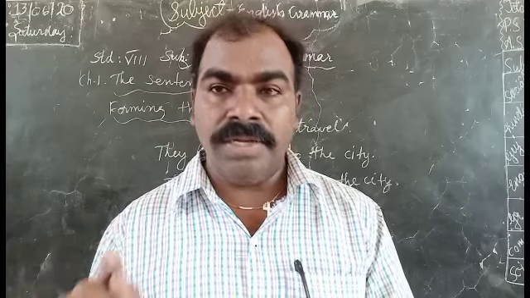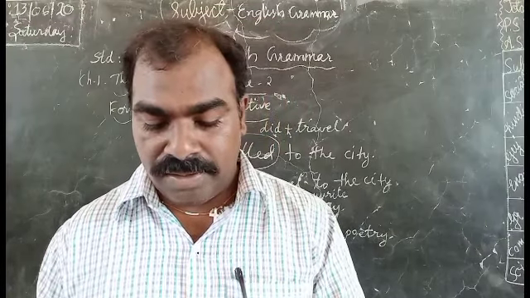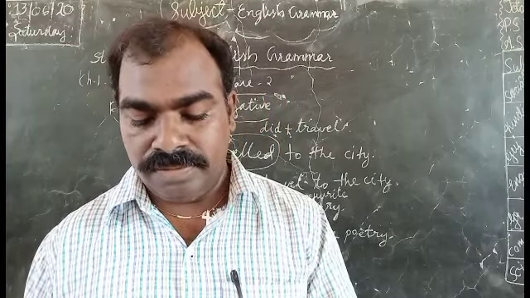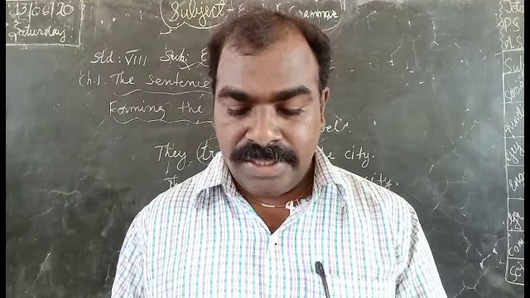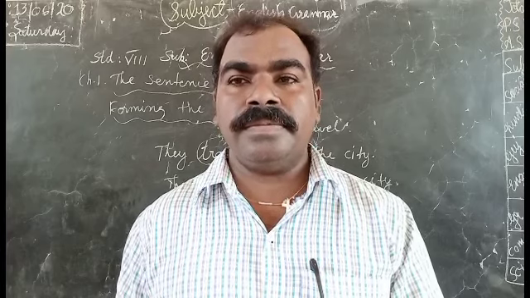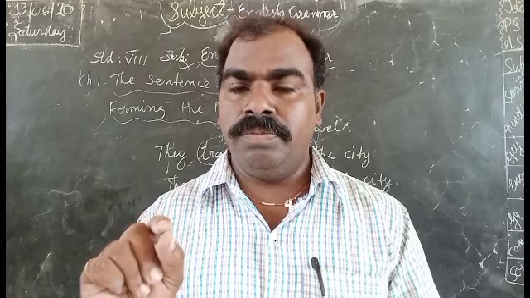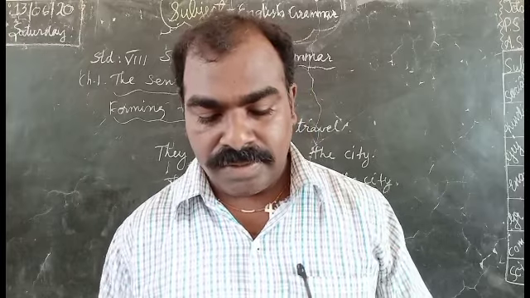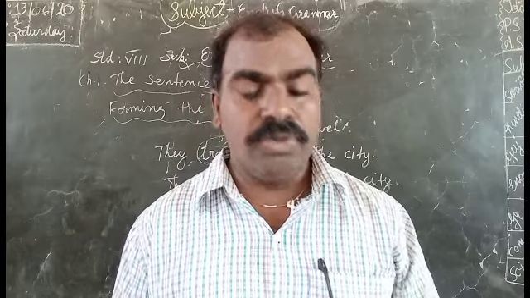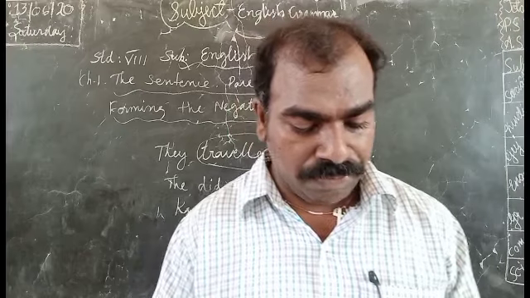And we don't put a question mark, we put an exclamation mark. How wonderful. It's an exclamatory sentence. How to change it negative? Isn't it wonderful! So we don't put a question mark there, we put an exclamation mark. These are the few rules to form negative.